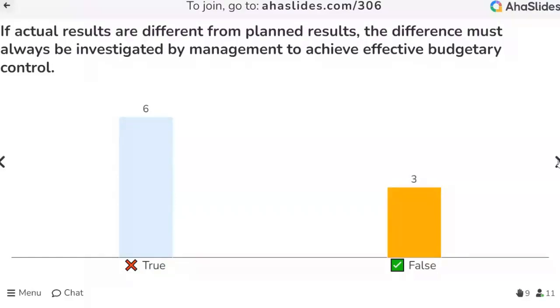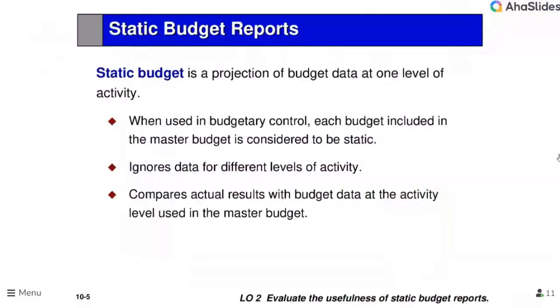Okay. Now, what we're talking about, again, the language. What you did in the last module, you did the budget plan. Recall that budget plan was called the master budget because it comprised a whole series of budgets. But now we refer to that budget as a static budget. Well, what do we mean by that? If you've done the budget project, you realize that everything hangs on a sales estimate.